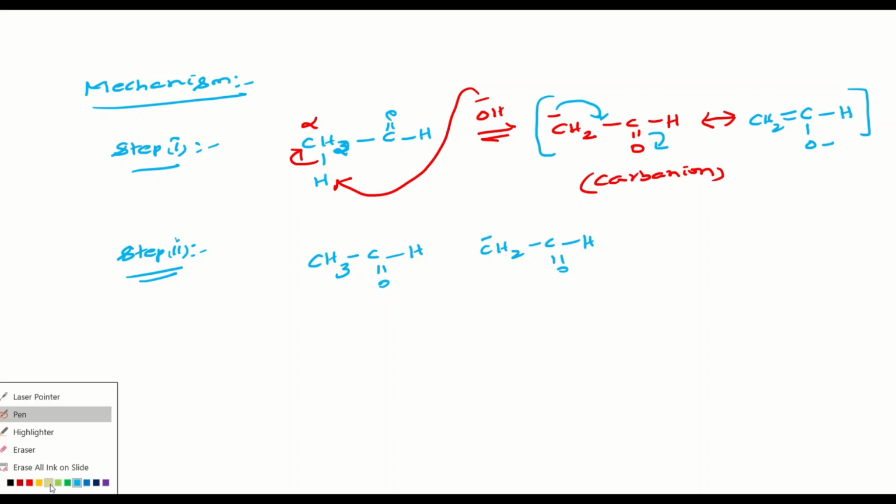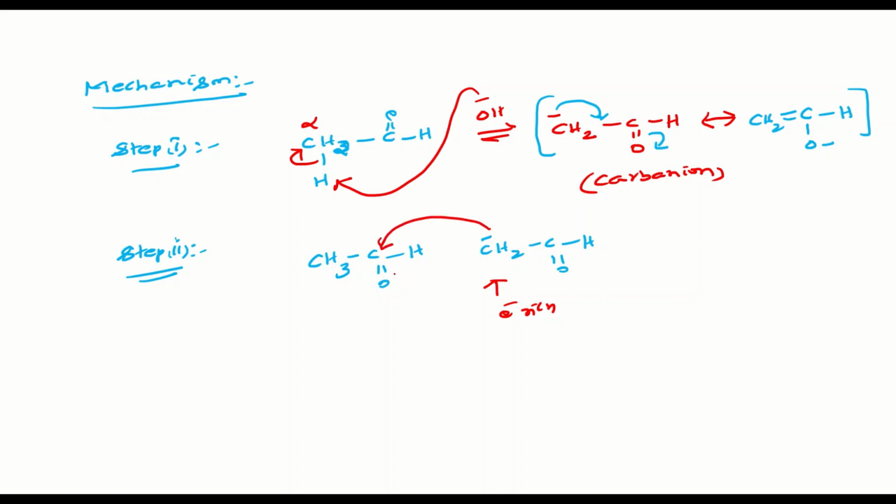Why? The CH2 containing the negative charge is now electron rich. It now acts as a nucleophile. This will undergo nucleophilic addition with CH3 C double bond O H. So what will happen again? You get CH3 CH O minus, and bond H, CH2 C double bond O, H. Here we are going to use water.